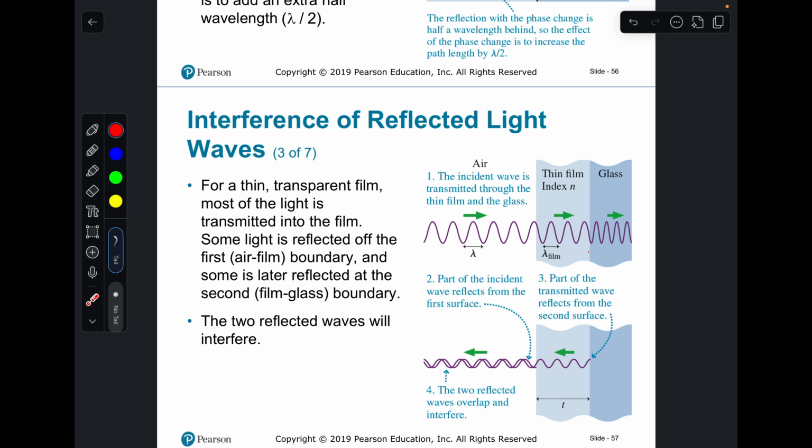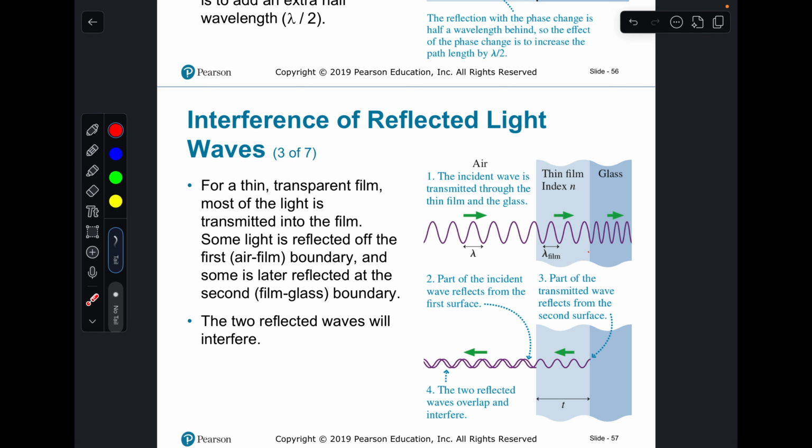So let's take a look at those two waves interfering with one another, right? The first wave is the reflection from the top of the film, the air-film boundary. The second wave that's going to interfere with that one is going to reflect off the second boundary, which is between the film and whatever's to the right of the film, in this case, glass.